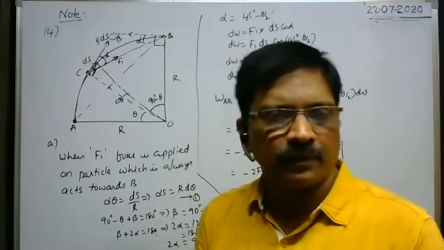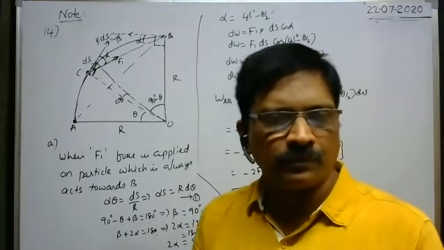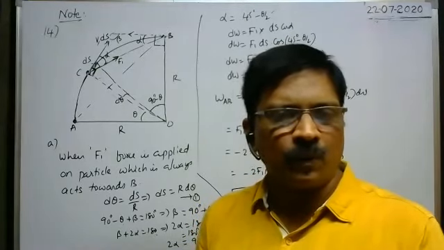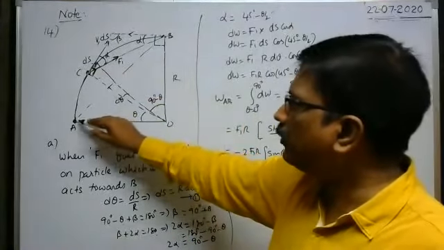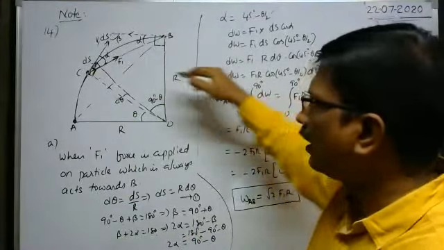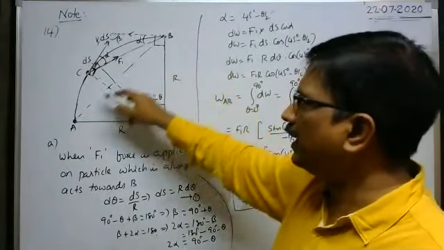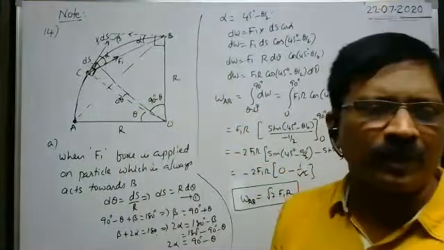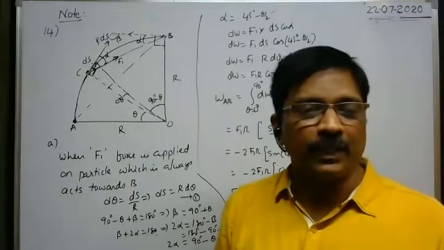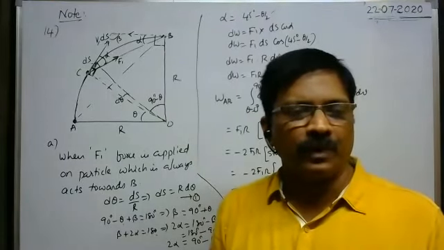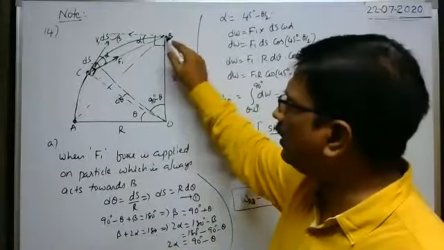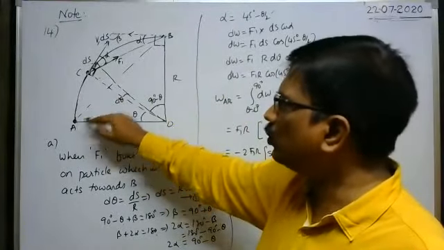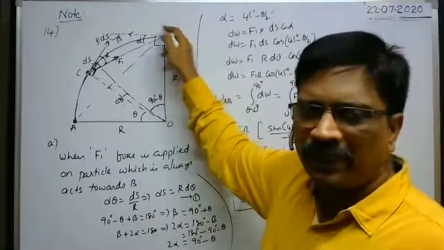Okay, right. AB is equal to root 2 R. Okay, okay. Here, actually, if you take the distance root 2 R, F1 is not along AB, no? If F1 is along AB, then directly root 2 R into force F1. That gives the answer.